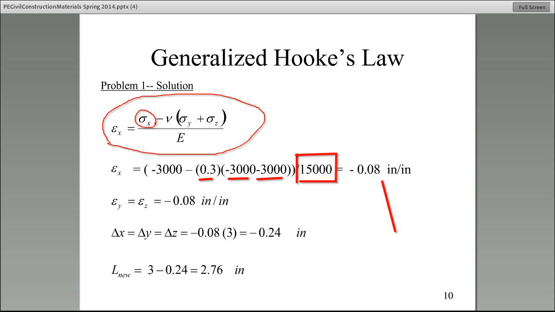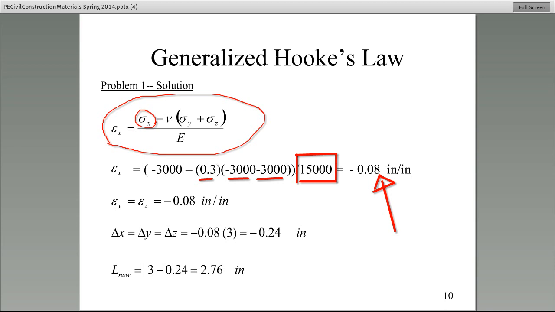Now I need you to pay attention, because what we get here is epsilon in the x direction. And because of symmetry, epsilon in the y direction and epsilon in the z direction will all be 0.08 inch per inch. Note the units. That's a strain, so delta L over L, which would be inch per inch in this case.